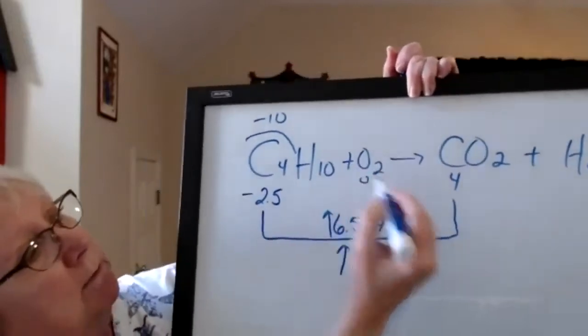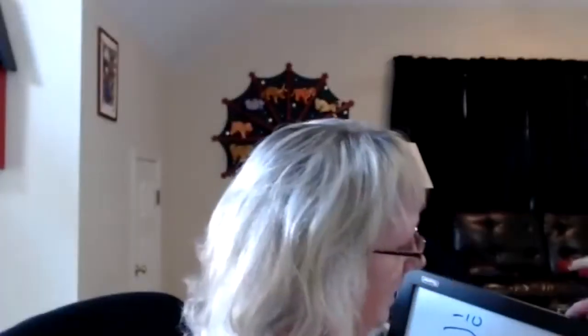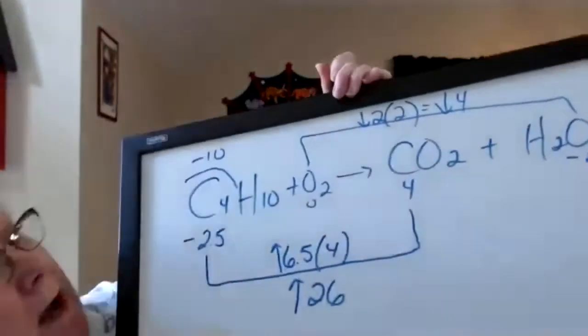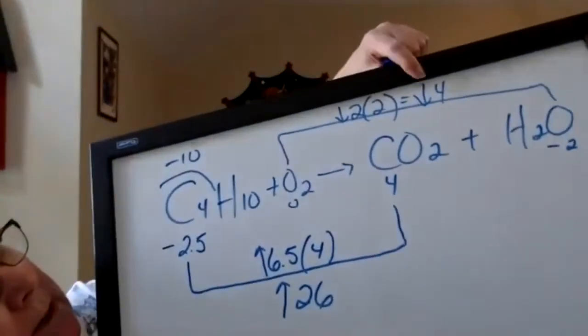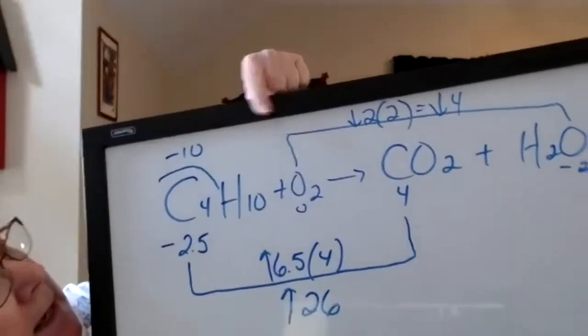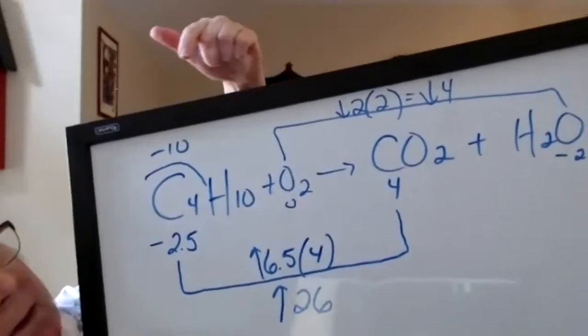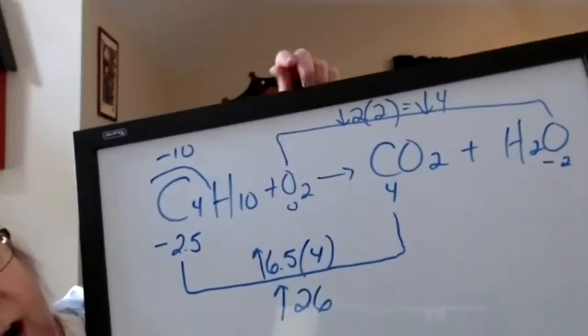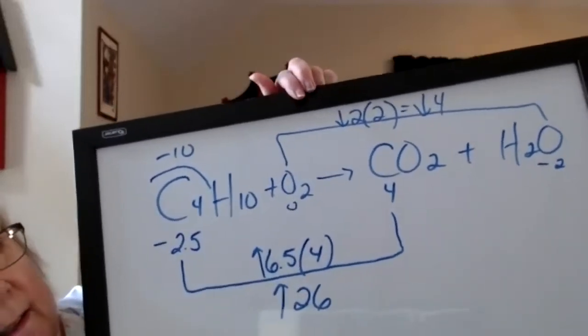Oxygen goes from 0 to a -2. So if I write my little line up here, that goes down by 2, but there's 2 oxygens doing it. That's down by 4. So I've got oxygen being reduced. It's the oxidant. And this is butane, but the organic being oxidized, it's the reductant.